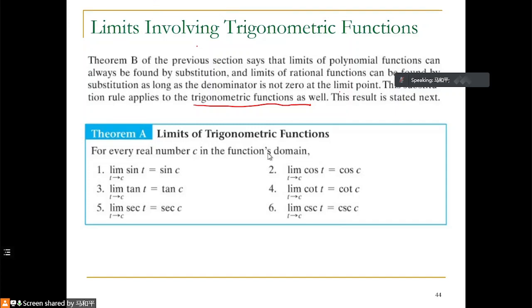This means we will learn limits involving trigonometric functions. Theorem A, limits of trigonometric functions: for every real number c in the function's domain, the limit as t approaches c of sin t is sin c, the limit as t approaches c of cosine t is cosine c, and it's the same for tan t, secant t, cosecant t. We can use substitution.